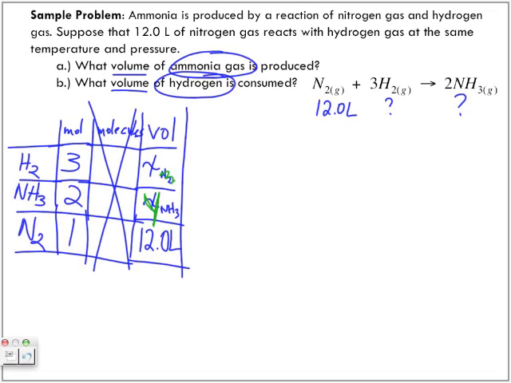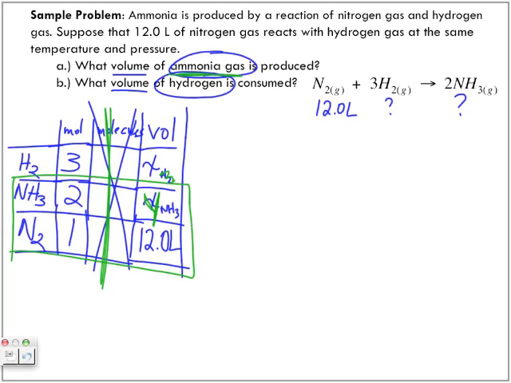As we said before, what I like to do is separate the two sides. The question asks us for the volume of the ammonia gas, so we're doing the ratio now of ammonia to nitrogen.